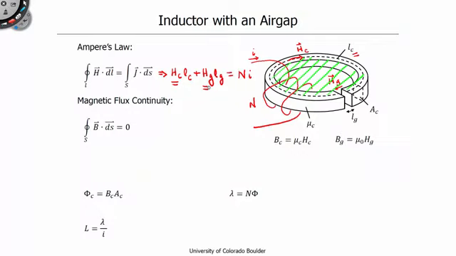I can do that through the magnetic flux continuity condition, which says that the total flux passing through our core as well as the air is continuous.